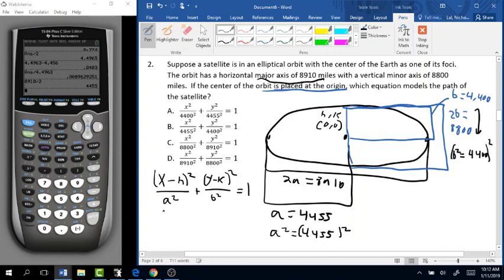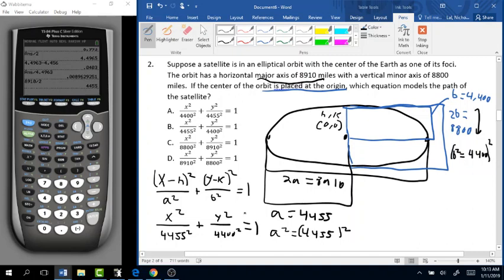So the standard form of this ellipse would be x minus 0, or just x squared, over 4,455 squared plus y squared over 4,400 squared equals 1.